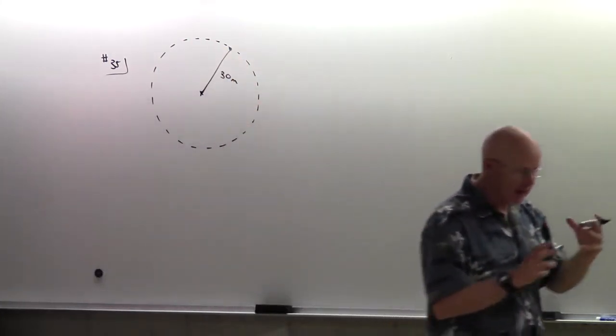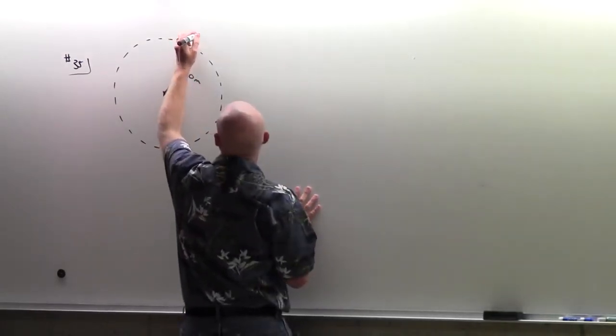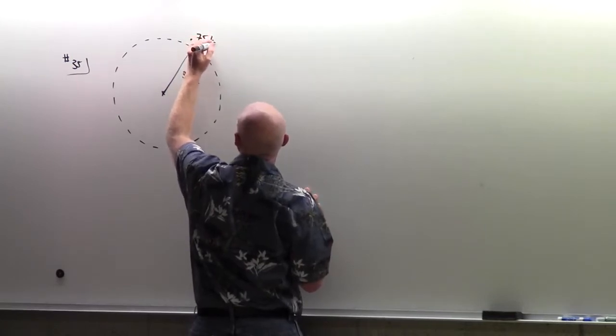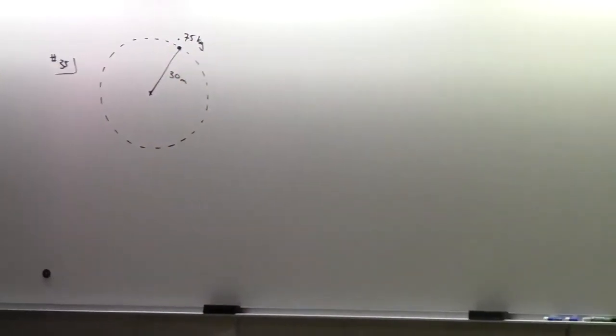That's what they mean in that first sentence: airplane tethered, flying in a circle. Maybe I'll put the mass up here so I don't forget, 0.75 kilograms.